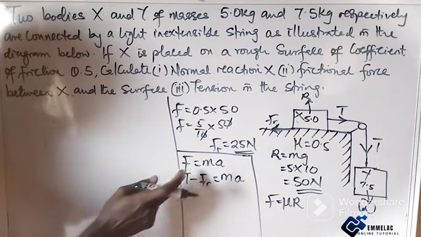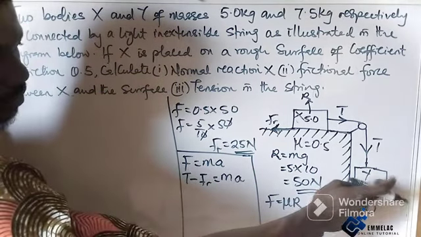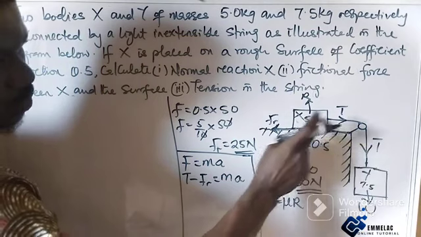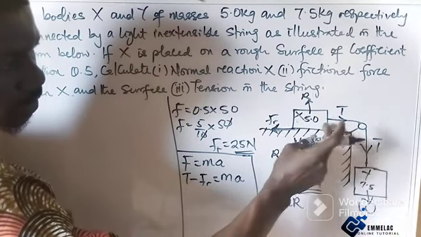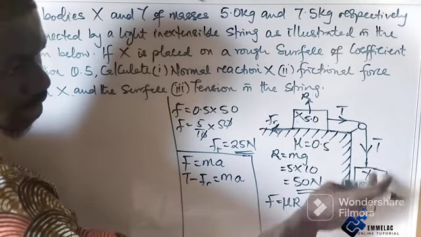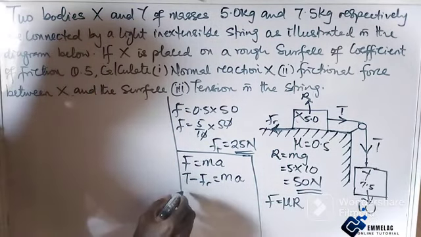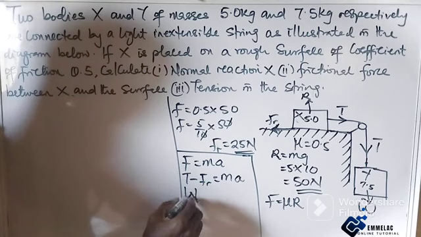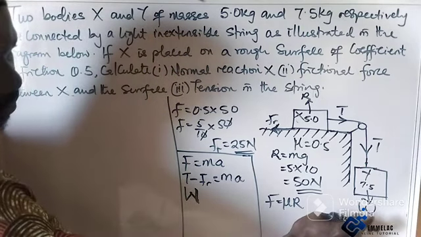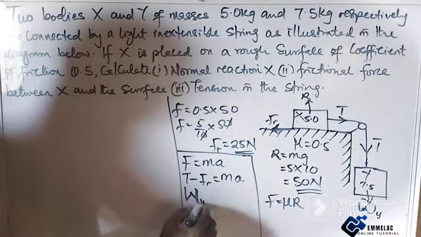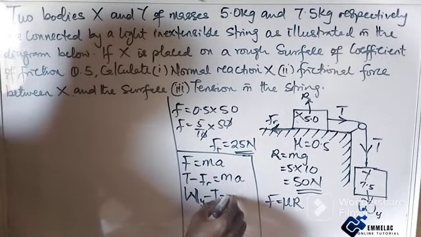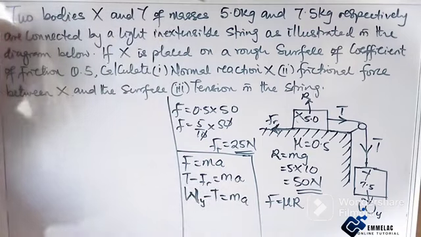Okay, now still using this law here. Now for this to move here, it means that this weight will pull this down. So which means this weight here is greater than this. So here we have that the weight of this, let us say of Y, minus the tension will give us this.